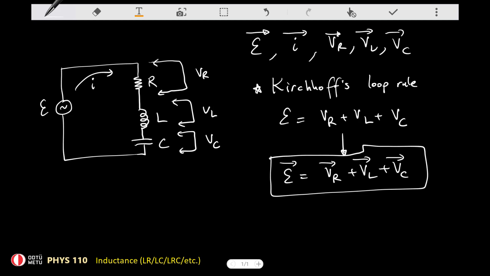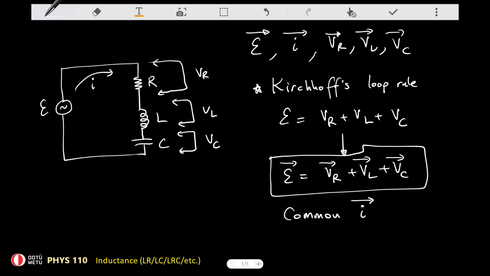The second one is, of course, that each of these devices has the same current on it. Therefore, all of these devices, together with the EMF device, have the same current as the quantity. So all of them have the current as the common quantity.